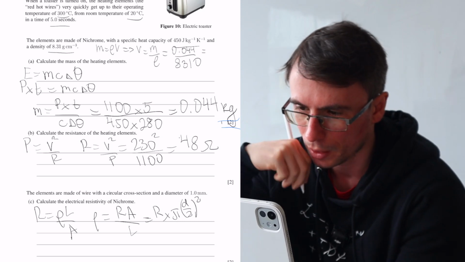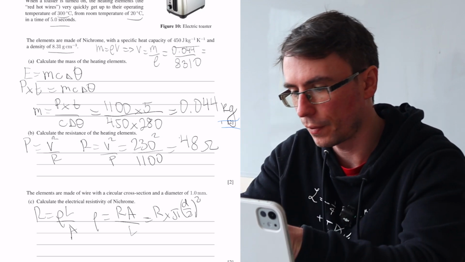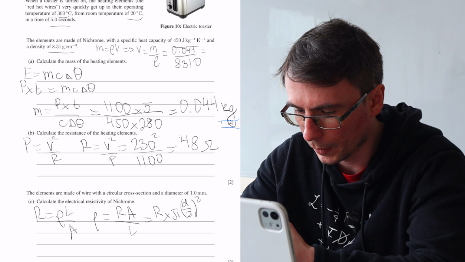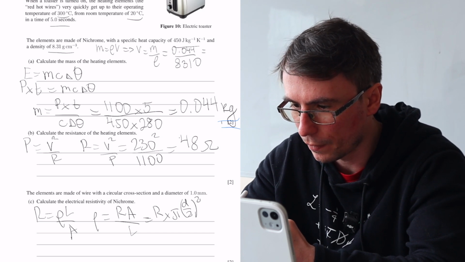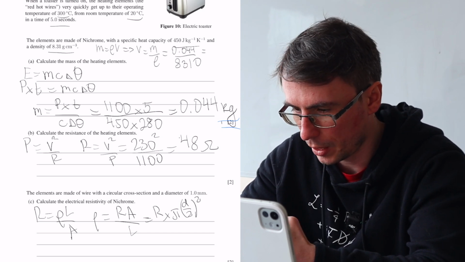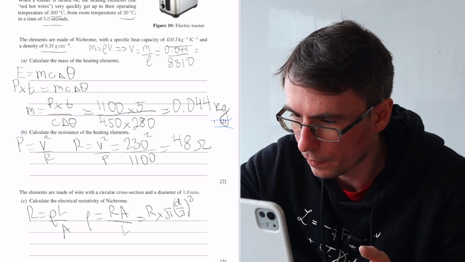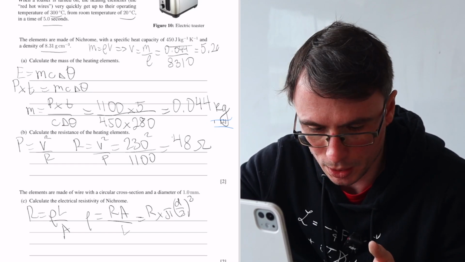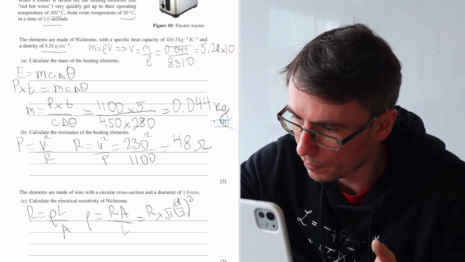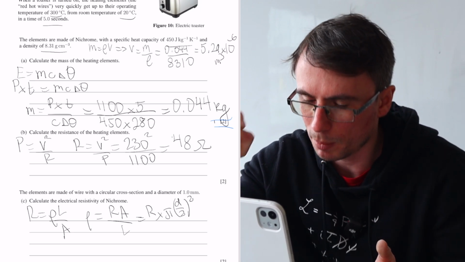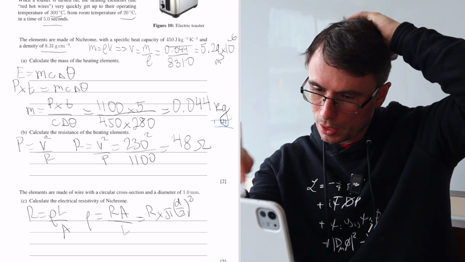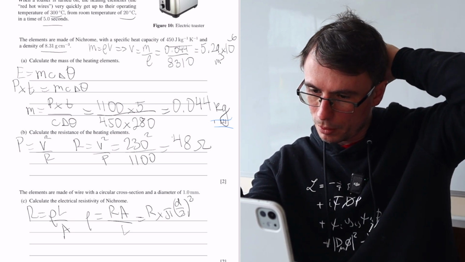So this here is going to give me a volume of 0.044 over 8,310, which is 5.29 times 10 to the power of minus 6 cubic meters. Okay, so this here is the actual volume.